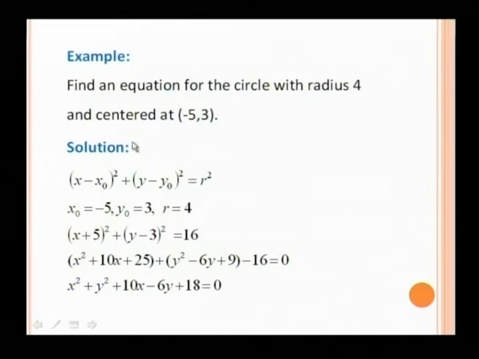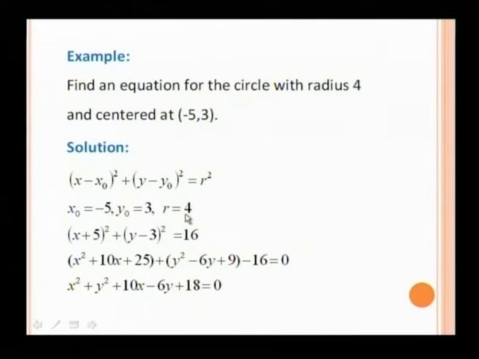For the solution of this example, we would use the equation which was (x minus x naught) whole square plus (y minus y naught) whole square is equal to r square. Here, as our circle is centered at x naught and y naught, we consider x naught is equal to -5, y naught is equal to 3 and r, or radius, is equal to 4.